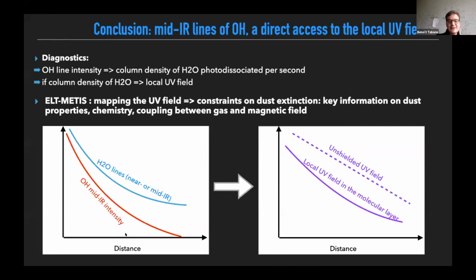With these data, we will be able to map the local UV field in the molecular layer as a function of distance. With this quantity, we will be able to assess the role of photodissociation on the molecular abundances that we derive. We'll be able to constrain the dust properties because we will have access to the attenuation of the radiation field, and also understand the coupling between the gas and the magnetic field.